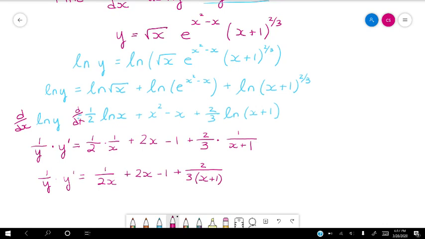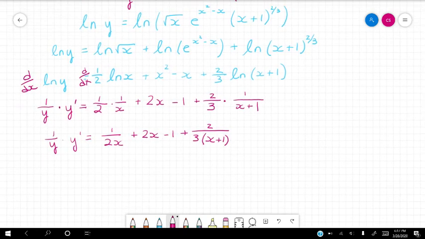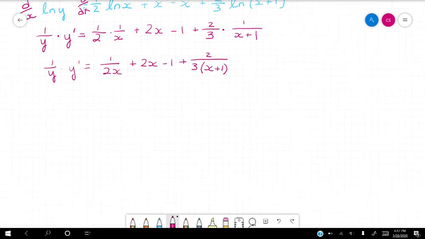That's good. Okay. So remember, with implicit differentiation, you have to solve for y prime, because that's what the question asked. It said find dy dx, find y prime. So let's multiply both sides by y.